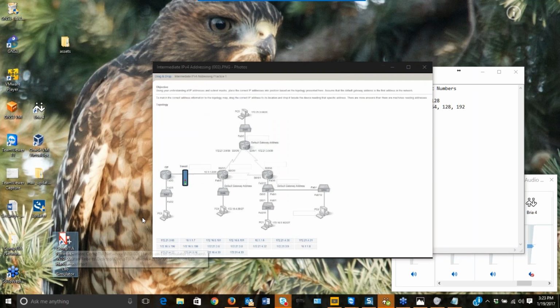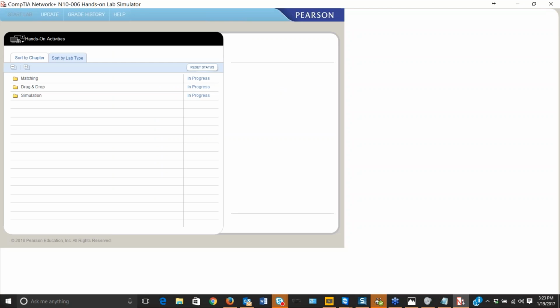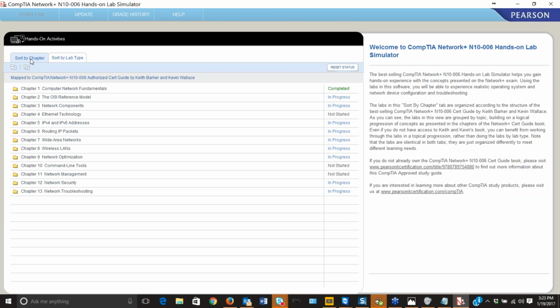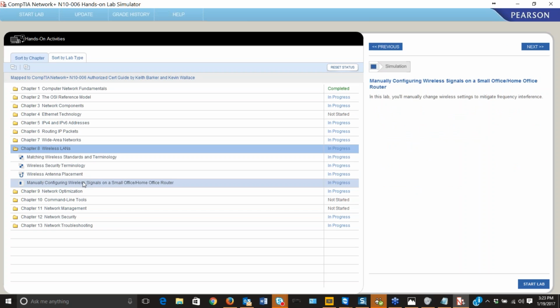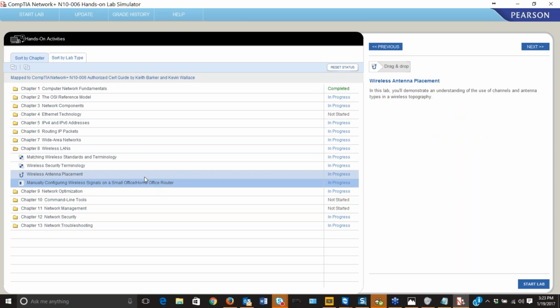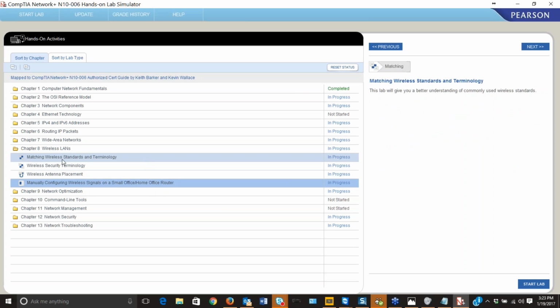Give me a second. No problem. If you sort by lab type, it's the second tab up top.